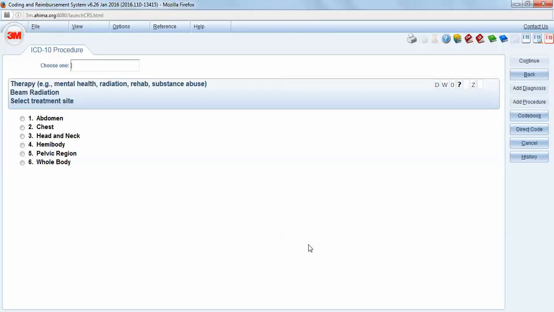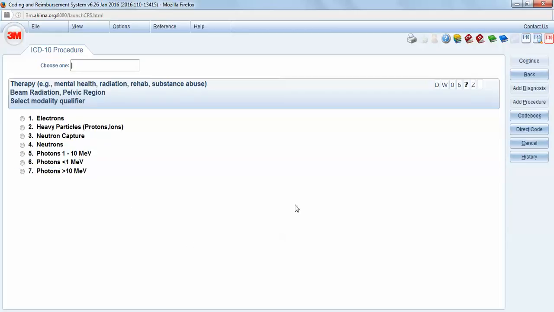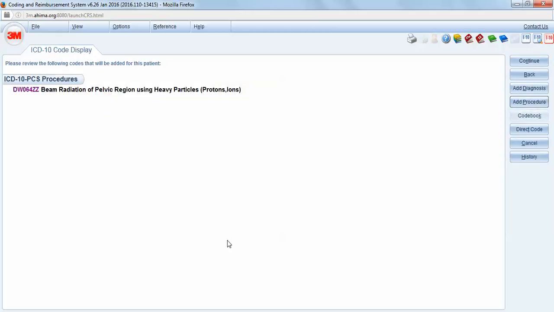Okay, and we're going to say that it's in the pelvic region, the bone of the pelvic region. And we're going to say that we're only going to do heavy particles, protons and ions. That would give us our beam radiation of pelvic region using heavy particles.